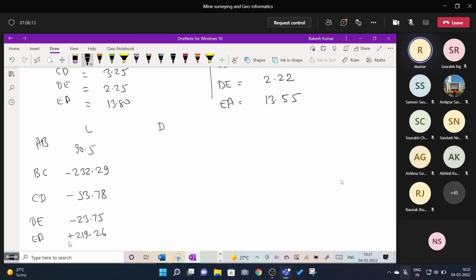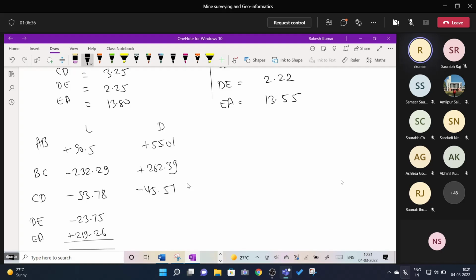Now you add it. I'm writing for departure. It should come plus 55.01, and 262.39 will come minus.